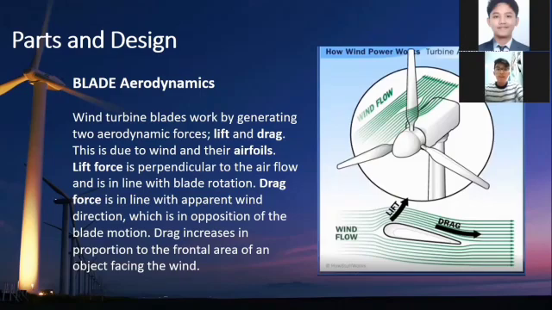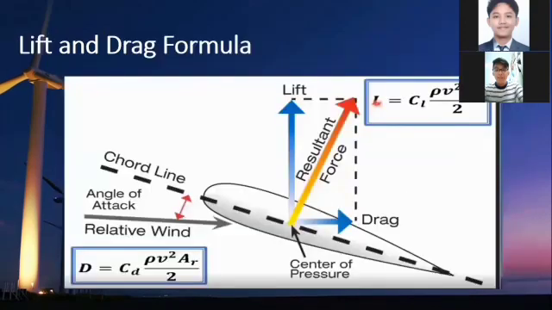Drag force is in line with the apparent wind direction, which is in opposition to the blade motion. Drag increases in proportion to the frontal area of an object facing the wind. We can see in the picture how lift and drag work. And next.